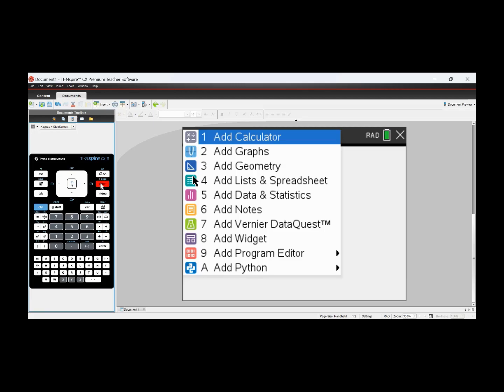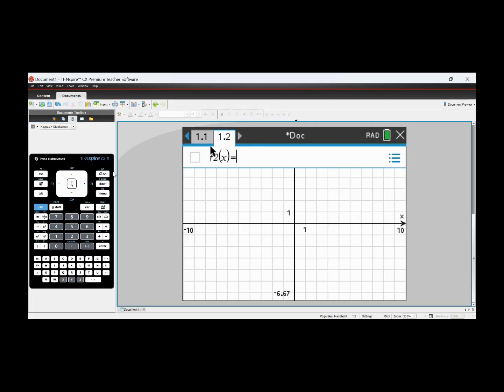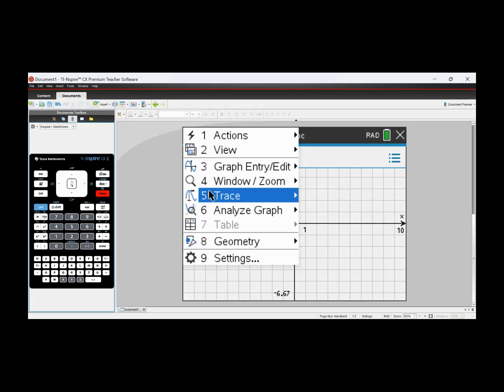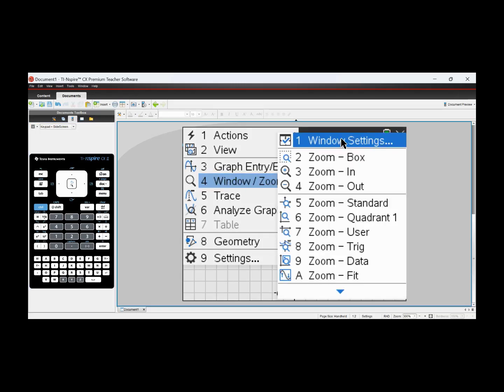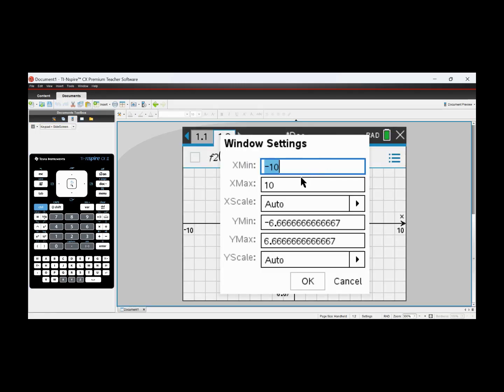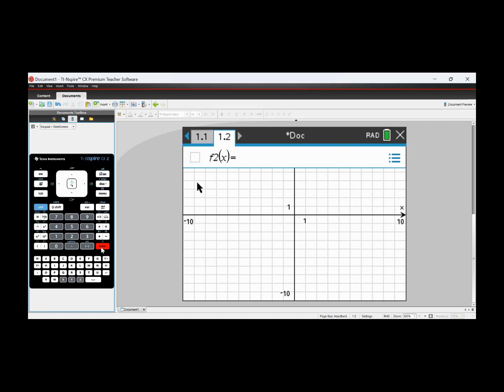I'm going to add another page, and it's graphs. Again, I'm going to go to the menu, Window Zoom, Window Settings. My X-min and my X-max are both already set correctly for negative 10 and 10. I want to count by ones on my x-axis, and I'm going to tab. My y-mins this time go from negative 10, tab, to 8, tab, and we were counting by ones. So I'm going to tab and hit OK.